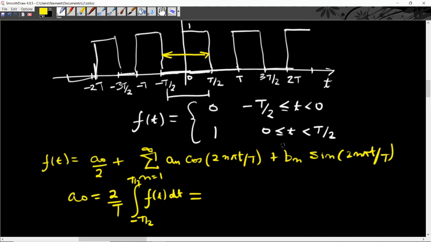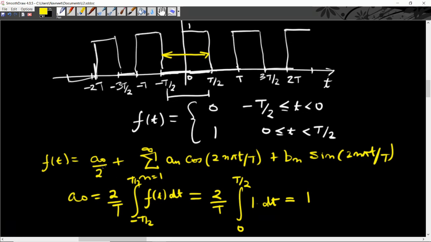In our case, our function has a constant value of 1 in the interval 0 to T by 2, and in the interval minus T by 2 to 0 this function takes on a value of 0. So we can simplify this integral as this, and this gives me a value that is 1.